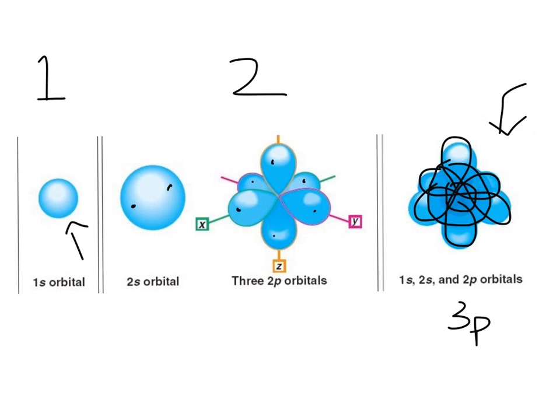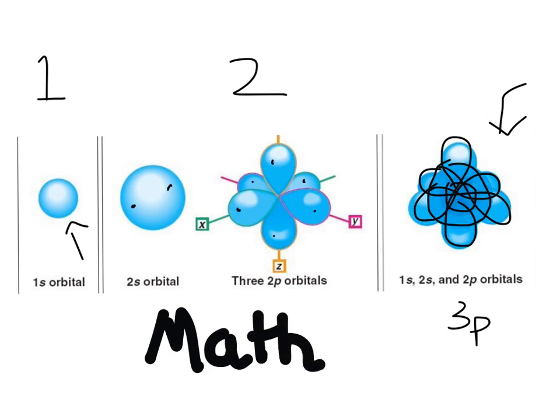Now, if you're like me, you're probably wondering at this point, how did they figure this out? They actually did it with math. And I think it's really important to realize if you are interested in the sciences, get used to the idea that you're going to need to understand math, because this was all done with math, specifically with probability.